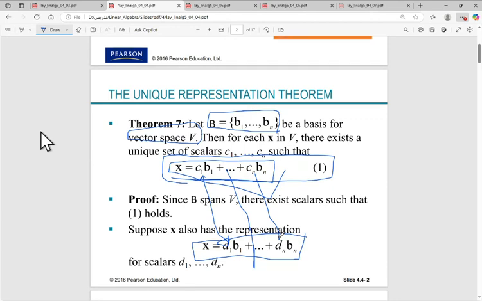These two linear combinations should be the same because d1 to dn is a basis, and any member like x can be uniquely written as a linear combination of d1 to dn, right?